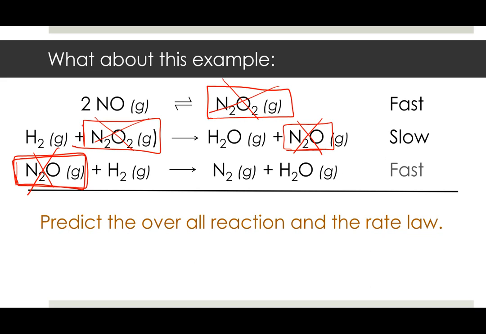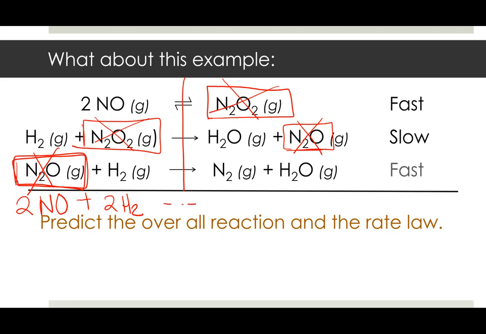So let's go ahead and predict this overall reaction. What's left over on the reactant side from step 1 is 2NO plus H2 plus H2, and we can clean this up. There are 2 molecules of H2.